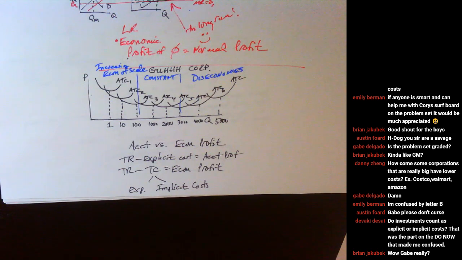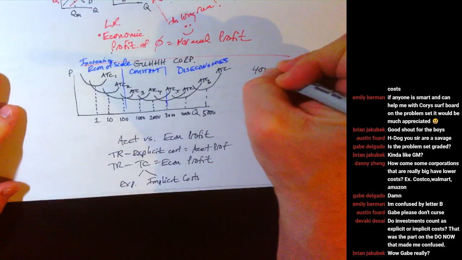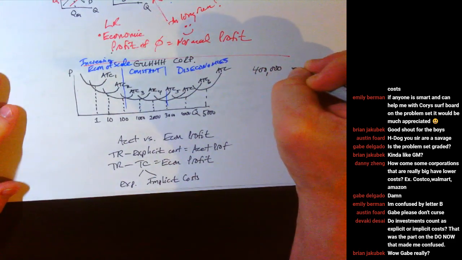Do investments count as explicit or implicit costs? Yes. Well, yes and no. There were two, as I recall with the problem, one of them counted as explicit and the other one counted as implicit. And here's the deal, I think the investment was $400,000.